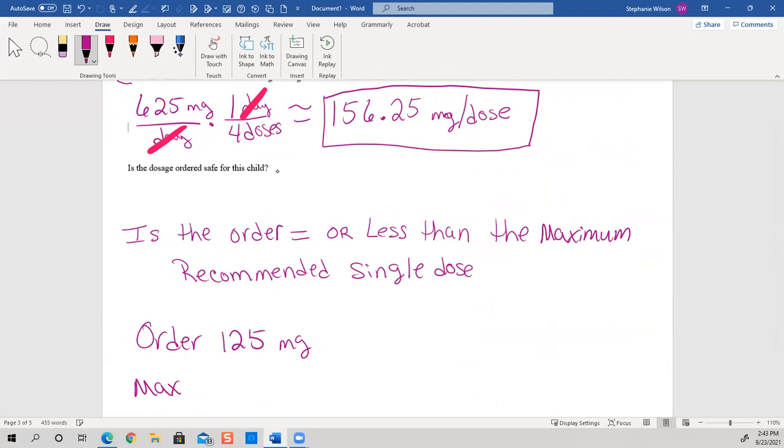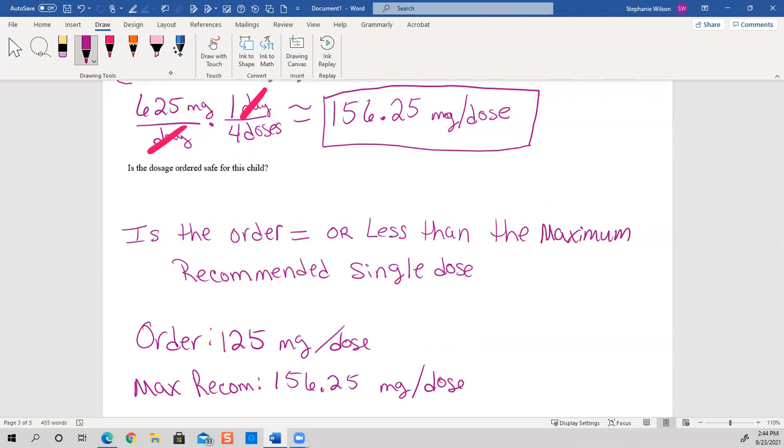My maximum recommended single dose is 156.25 milligrams, right? If you want to do the notation, we can do that. Okay, so the order is 125 milligrams, and the recommended maximum is 156.25 milligrams.